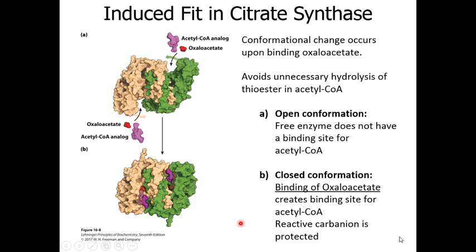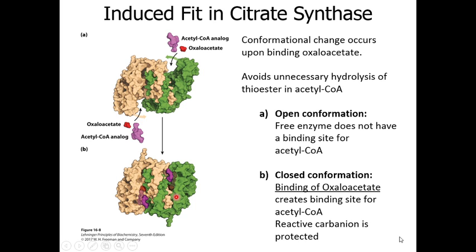The way this enzyme works is like this. In the presence of both oxaloacetate and acetyl-CoA, the enzyme first binds oxaloacetate, as a result of which there is induced fit and conformational change, which further allows the enzyme to bind the acetyl-CoA.